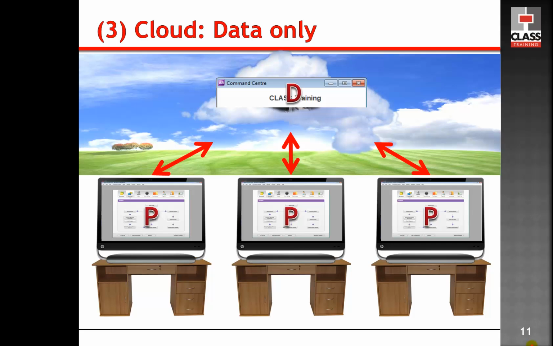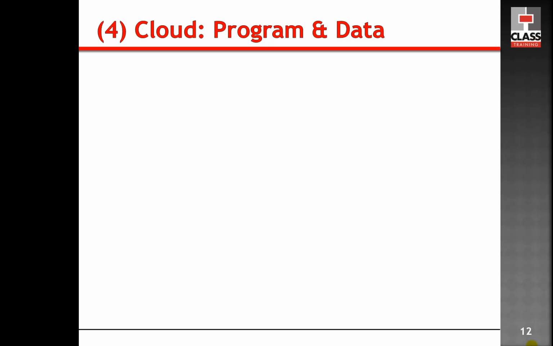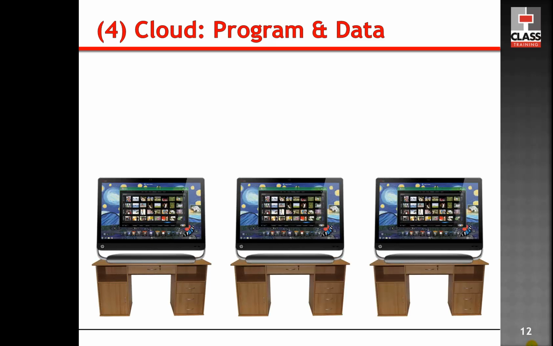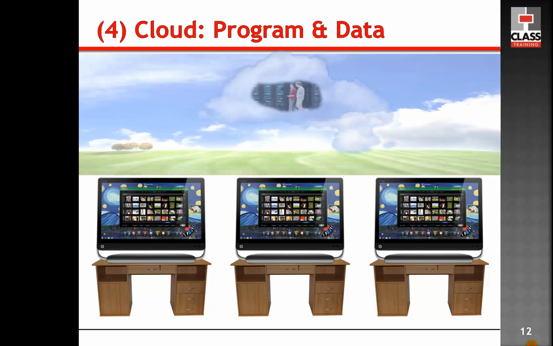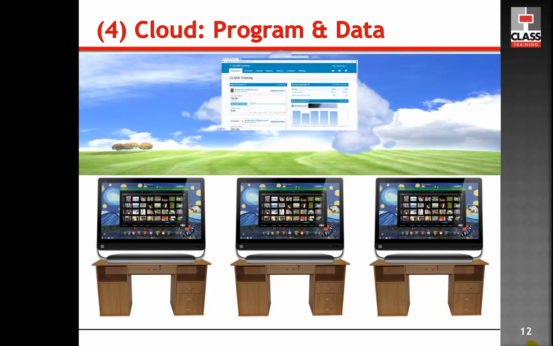If you go the whole hog, to use a technical term, I like using lots of technical terms, you've got the program and the data in the cloud. So all you need in your office, or on the road or somewhere, is just a computer with at least Windows or Macintosh, and the internet browser. Up in the cloud, the program and the data is up there, hosted by the service or the company, and just your mobile device, which I haven't got a picture of there, is accessing the program and the data in the cloud.